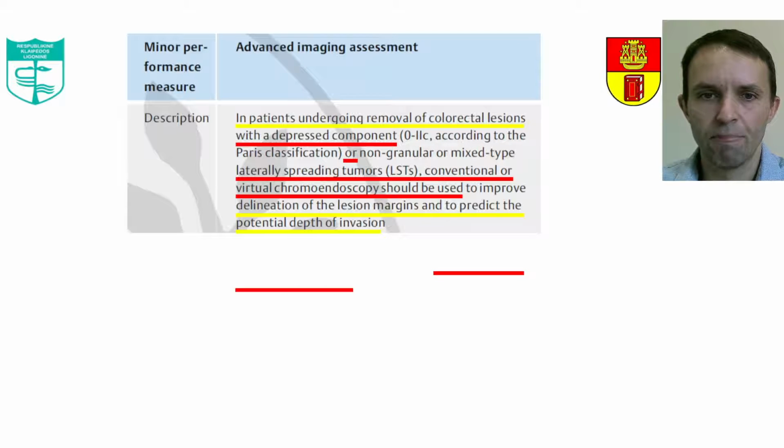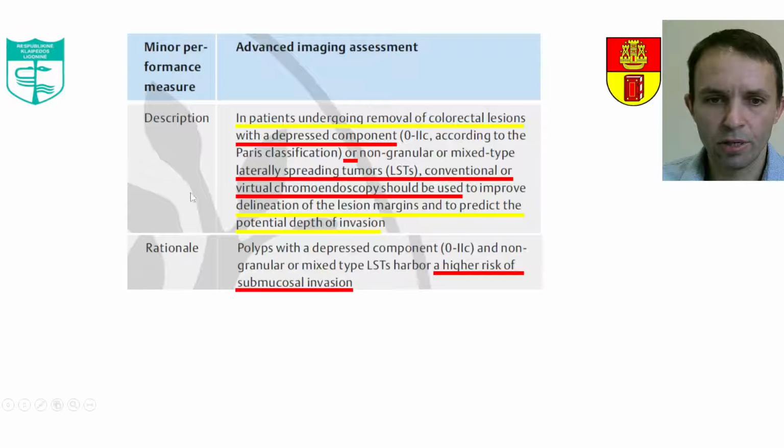It says in patients undergoing removal of colorectal lesions with a depressed component or laterally spreading tumors, conventional or virtual chromoendoscopy should be used to improve delineation of the lesion margins and to predict the potential depth of invasion.